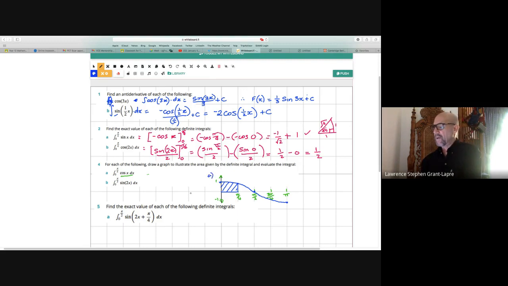Okay, part B, I've got to draw this graph again. So 0 to pi over 3. Yeah, I can fit that in. So let's say negative 1 and 1.